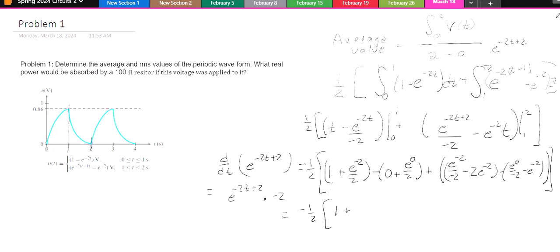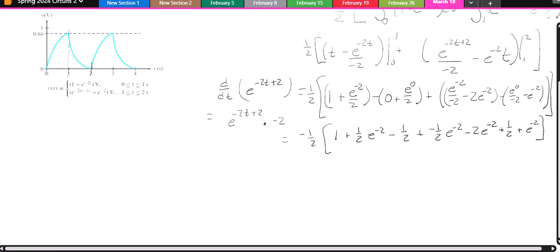So 1 plus 1/2 e to the minus 2 minus e to the 0 is 1, so that's minus 1/2, plus negative 1/2 e to the minus 2 minus 2e to the minus 2, minus negative 1/2, so it'll be plus 1/2, plus e to the negative 2.